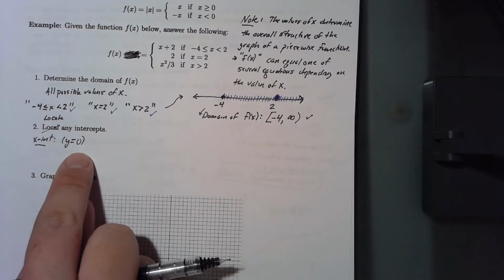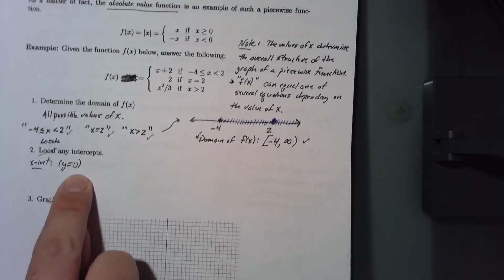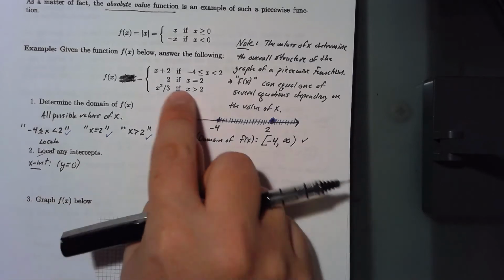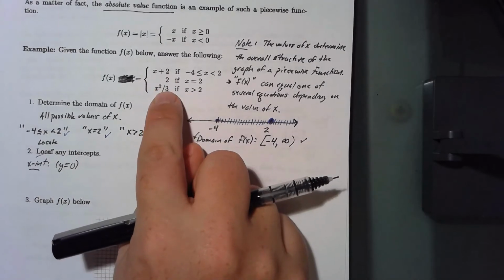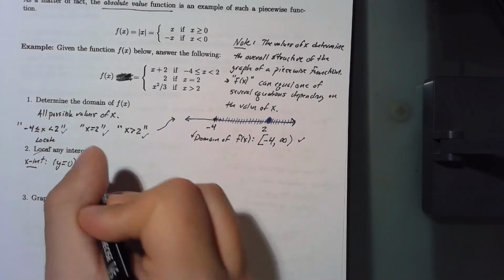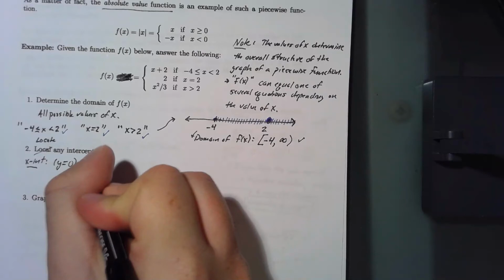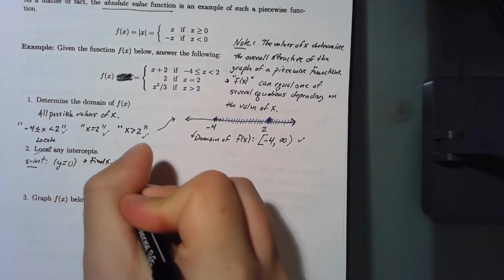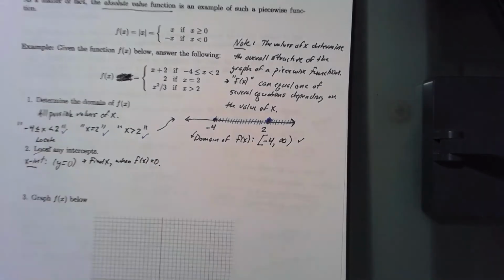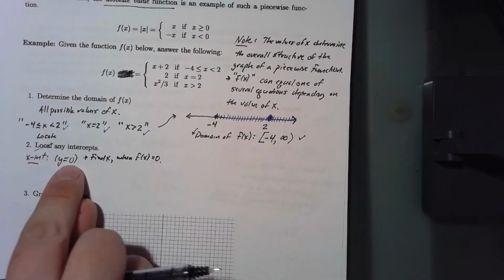Now let me ask you this. How do I know which function I'm going to set equal to 0? That's what this means. I want to find x when f of x equals 0.